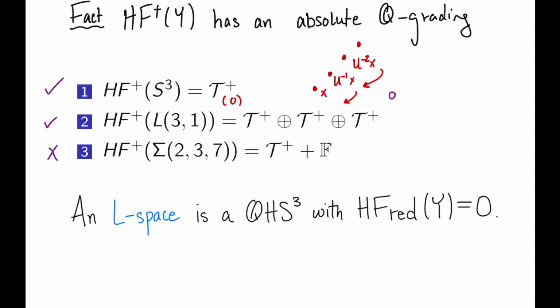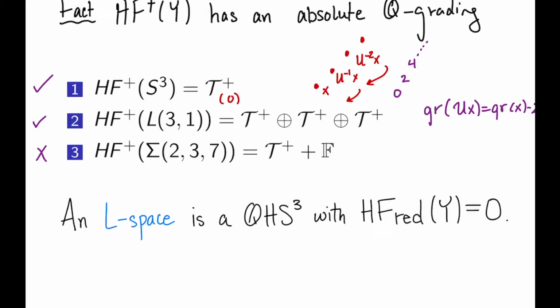The first element here is in grading 0. And then the grading of Ux is equal to the grading of x minus 2. So that would mean the next element would be in grading 2, and then in grading 4, and going on and on up with the tower. So I'm just denoting the minimal grading on the tower. For the lens space, L(3,1), each one of these towers has a minimal grading, which is going to be some rational number.